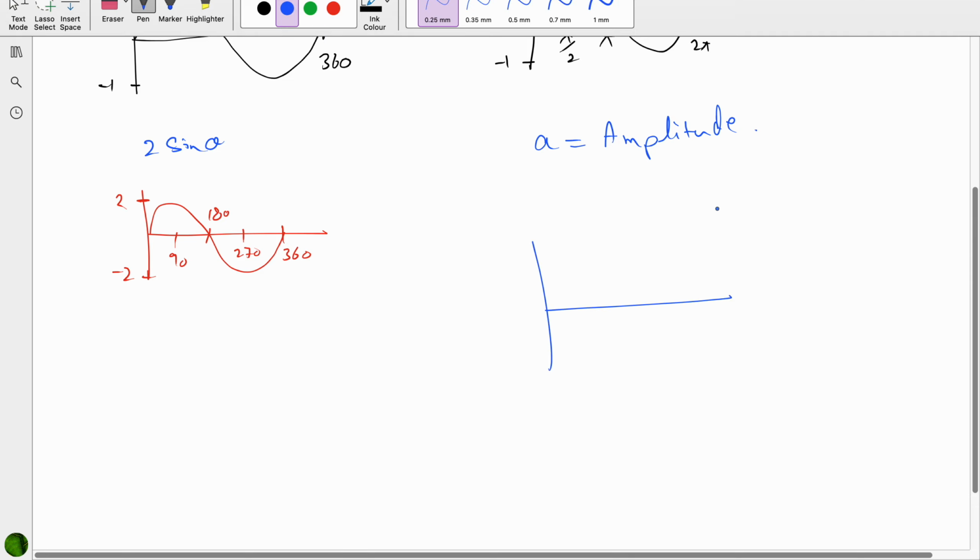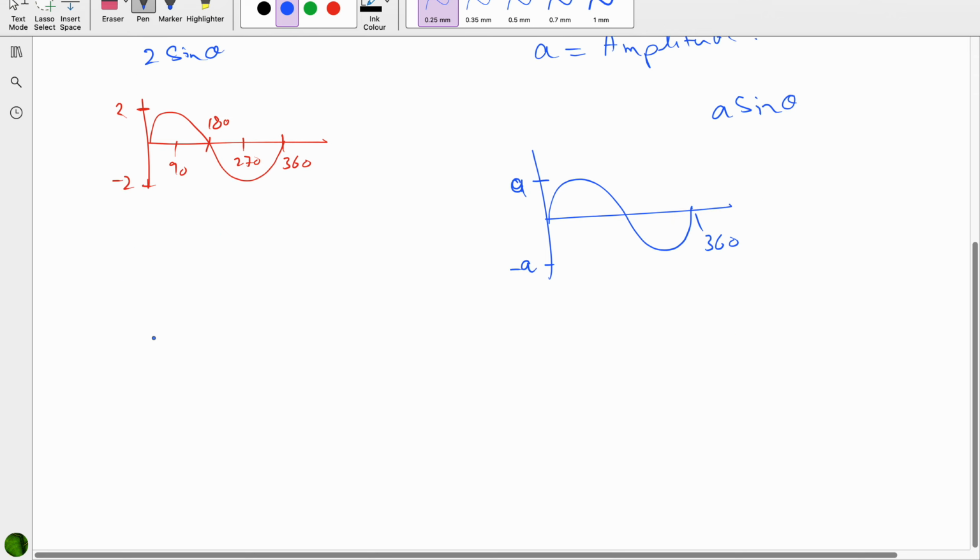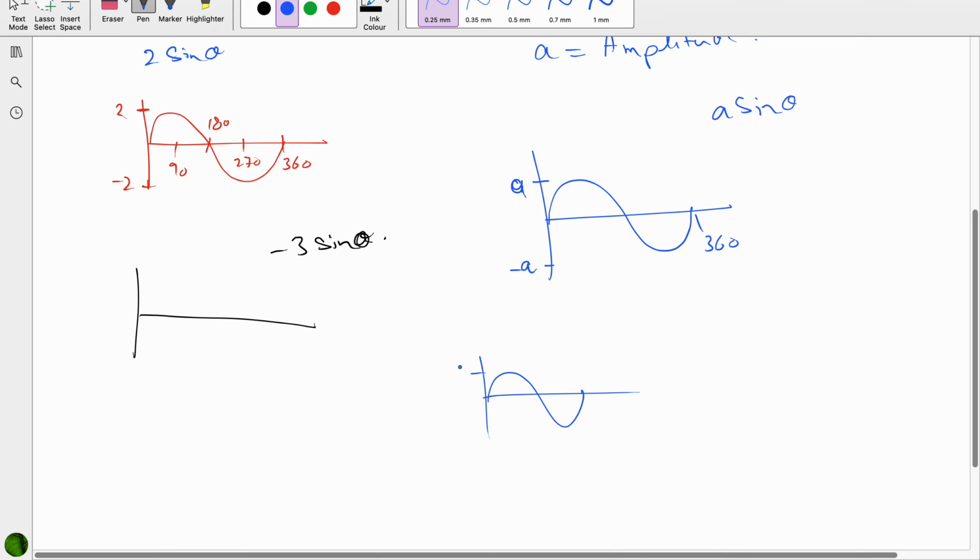Basically, the general graph of a sine theta, where a is positive, ends at 360. Maximum value is a, minimum value is -a. So what happens when the value becomes negative? For example, with -3 sine theta, a quick rough sketch: sine theta would look like this, with 1 and -1, but 3 sine theta will have 3 and -3.